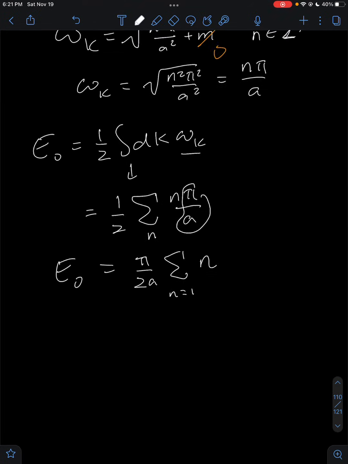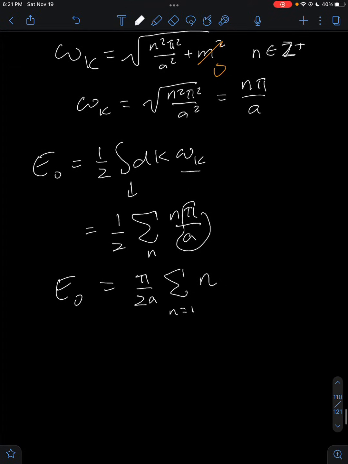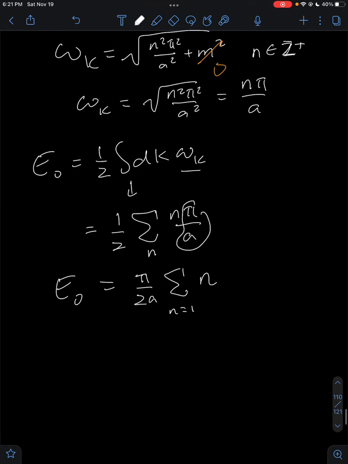Now there's actually one more modification that we need to fully describe a photon field here. You know that photons have two linearly independent polarization states. So we should actually sum over those polarization states as well. So we should have a sum from nu equals 1 to 2, and then n equals 1, and pi over 2a.